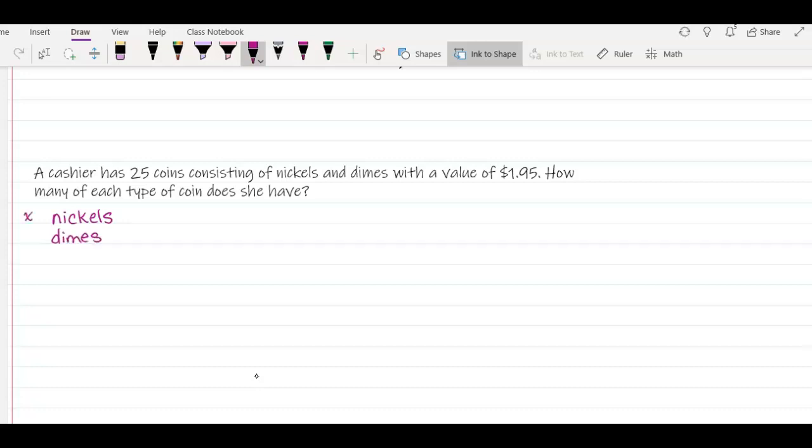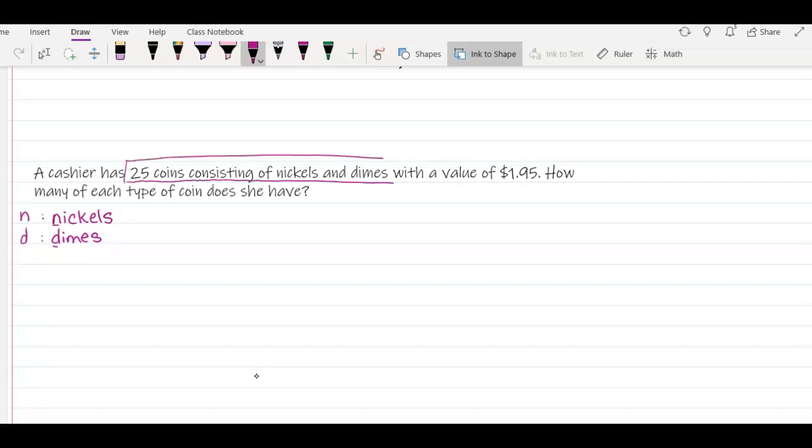Now, you can use X for nickels, Y for dimes, because we don't know how many we have. That's what we're trying to figure out. Personally, I like to use the same letter that the word starts with, so N and D. It works either way.